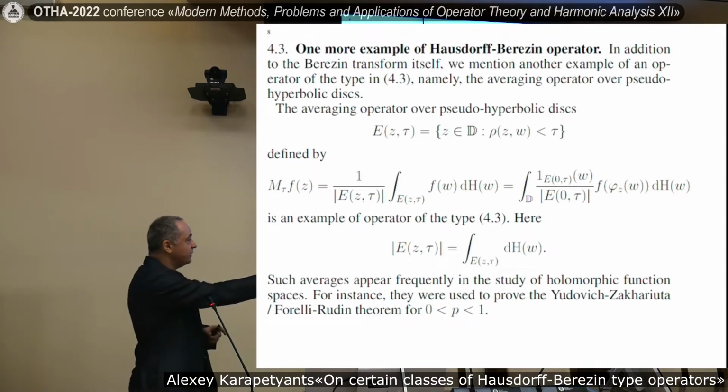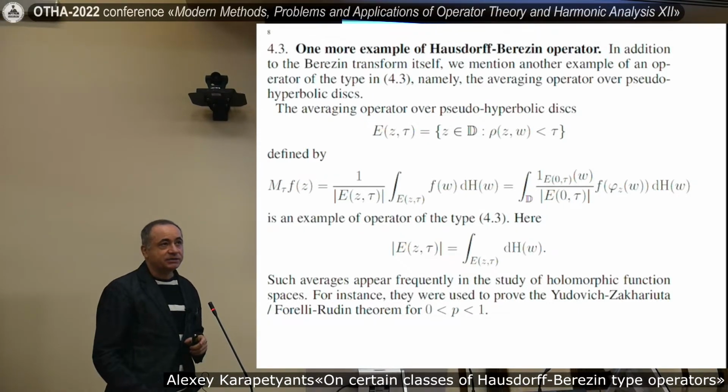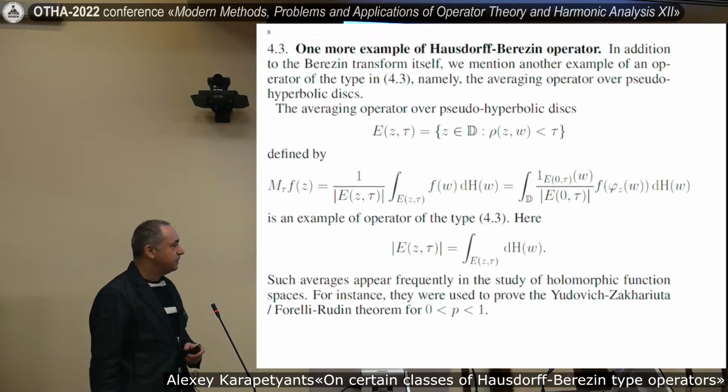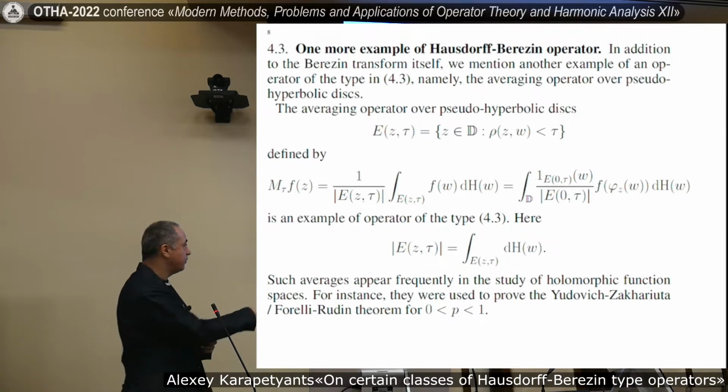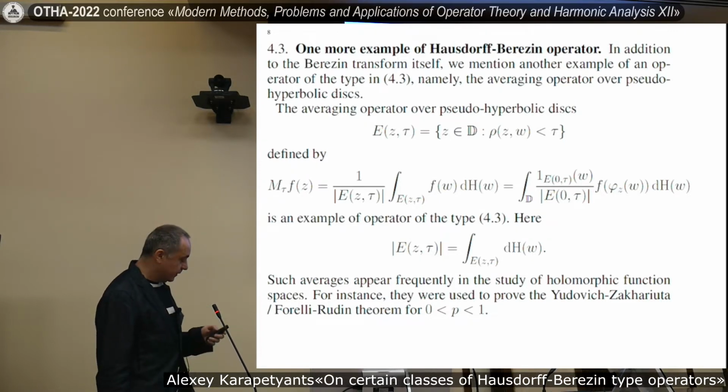And you see I write here Yudovich-Zaharyuta, Forelli-Rudin. Actually, Yudovich and Zaharyuta proved this result in, I guess, 1963 or even earlier, but nobody knew about these results because they were never translated. And people always refer to Forelli-Rudin, which is around 1970, 10 or more years later.